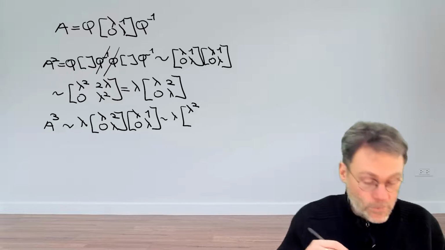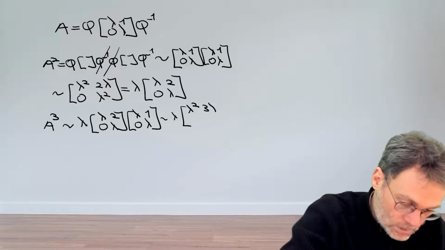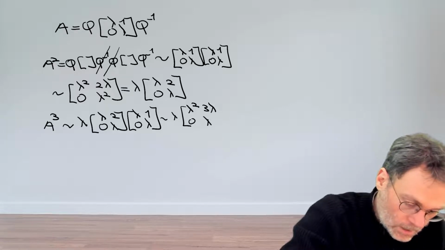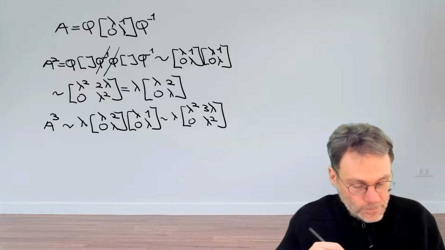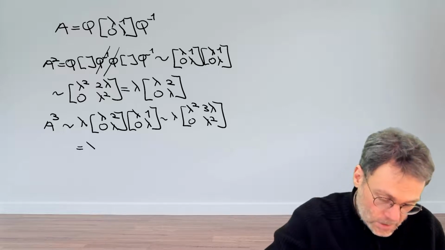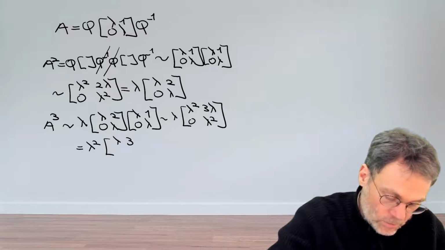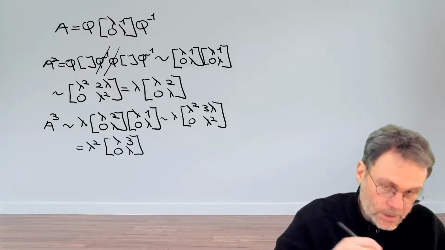And then we have lambda plus 2 lambda. 1 plus 2 is 3, if I'm not mistaken. And then we have lambda squared here. And that's going to give us, again, factoring out the lambda squared, lambda 3, 0, lambda.